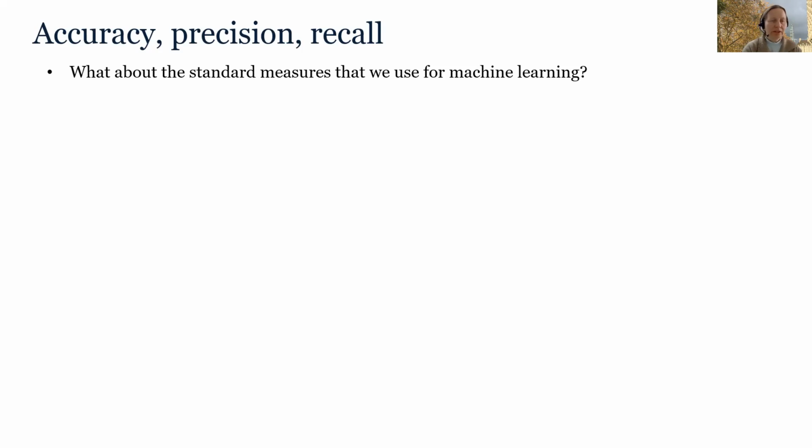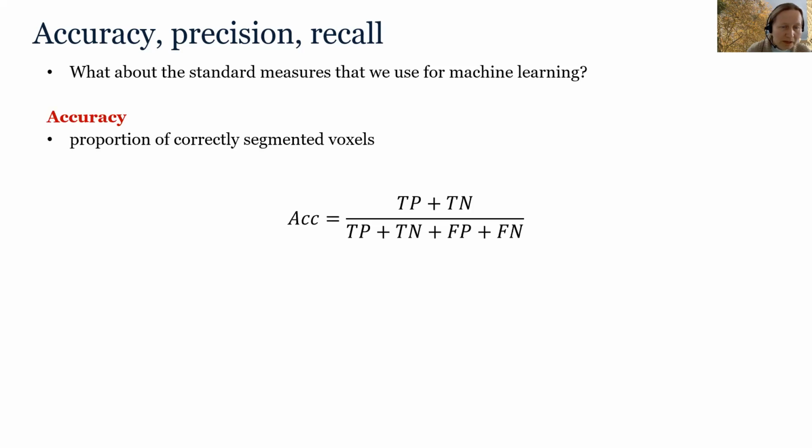And the final thing I want to discuss is why we don't use the standard measures that we use, for example, for machine learning, so accuracy, precision, or recall. So let's have a look at these measures for image segmentation. Let's start with accuracy. Accuracy is the proportion of correctly segmented voxels, and it is calculated as true positives plus true negatives.